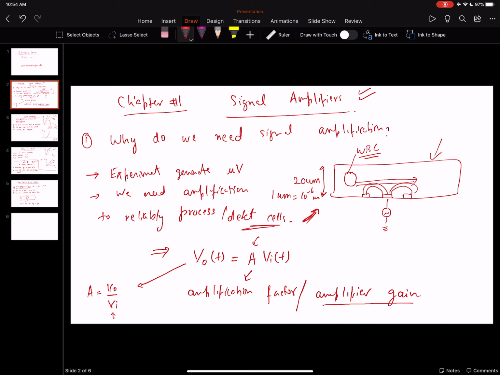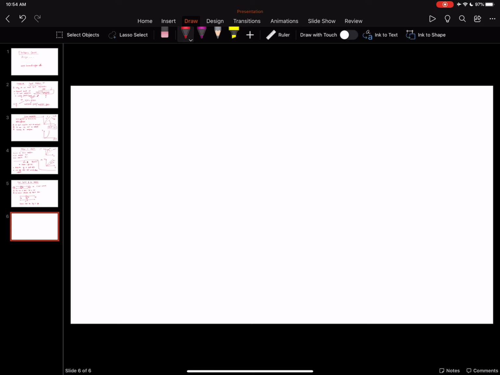If I am amplifying a voltage, I like to call this factor a voltage gain. So let's discuss the voltage gain in slightly more detail.